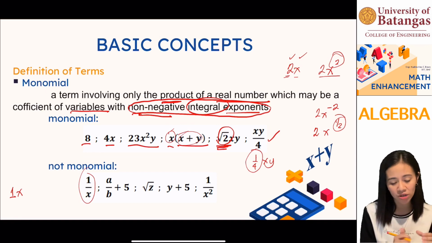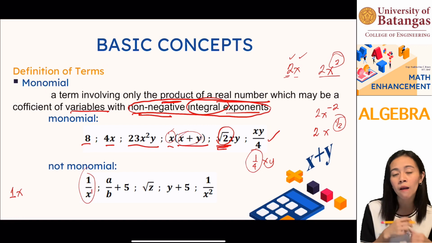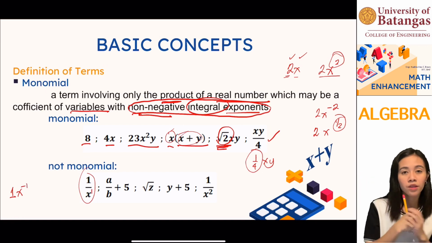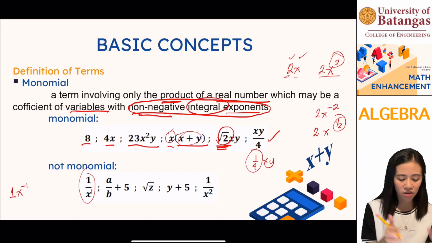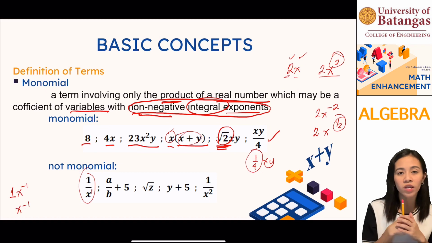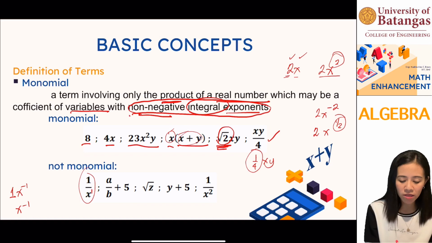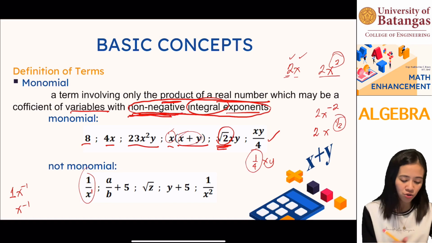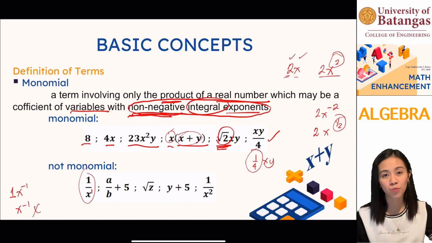So kung sa denominator that's x raised to positive 1, di ba? Pag inakyat mo siya, magiging negative yung exponent na yon. So, you'll have 1 times x raised to negative 1, or simply x raised to negative 1. And we know for sure that dapat non-negative yung exponent ng ating variables. So, this is not considered monomial kasi negative yung exponent niya.